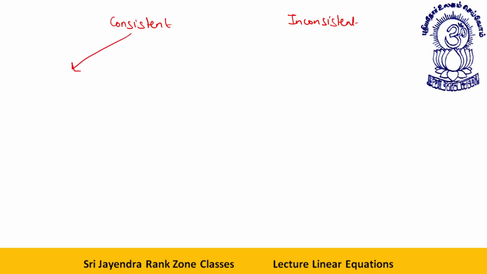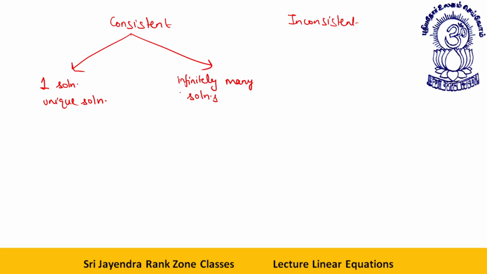Consistency is of two types. Two types means one solution, that is called unique solution, or infinitely many solutions.